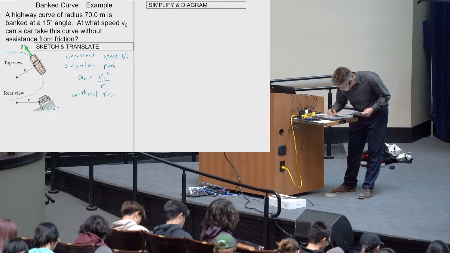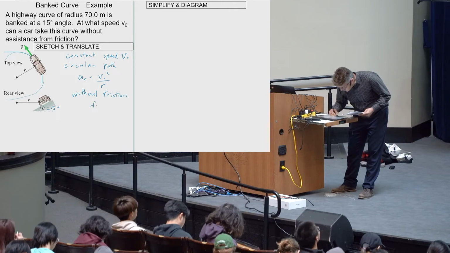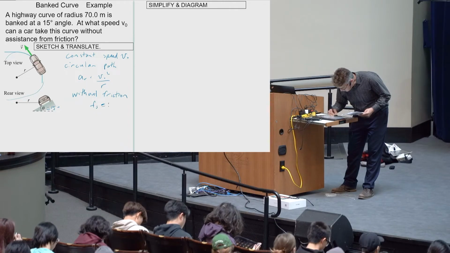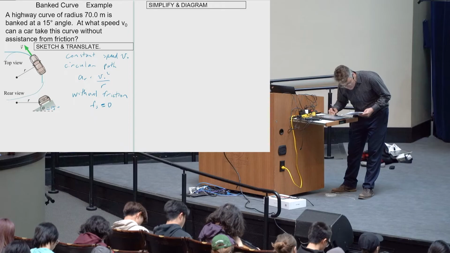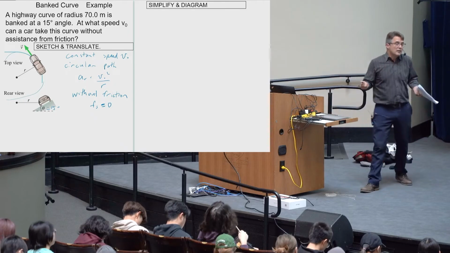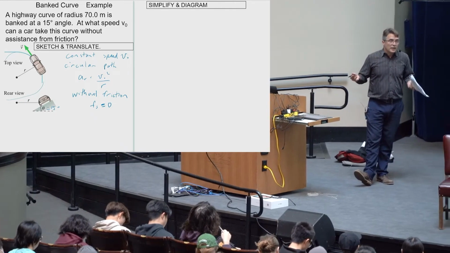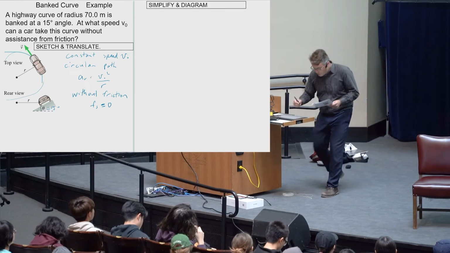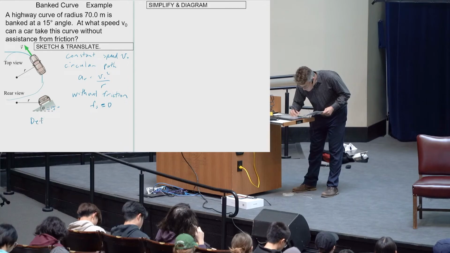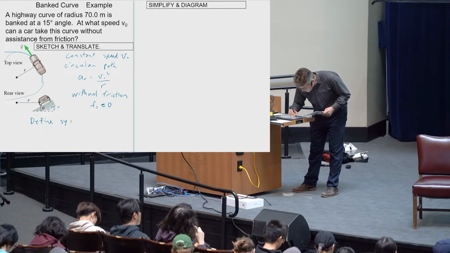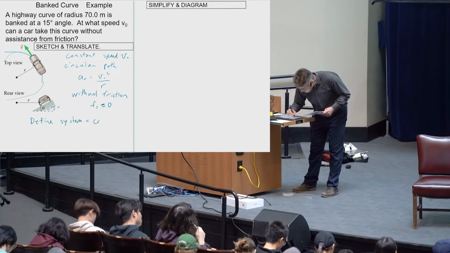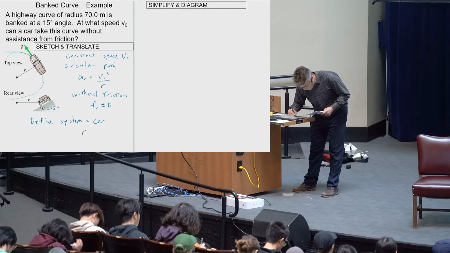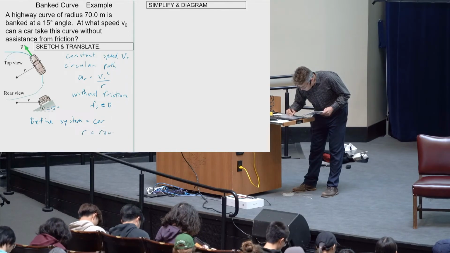I told you that there's static friction, which can accelerate a car. We're going to set static friction equal to 0, which actually, since it's as needed, makes sense, right? If there's no static friction needed, it can go to 0. And we'll also just define the system as the car. And R is equal to the road.